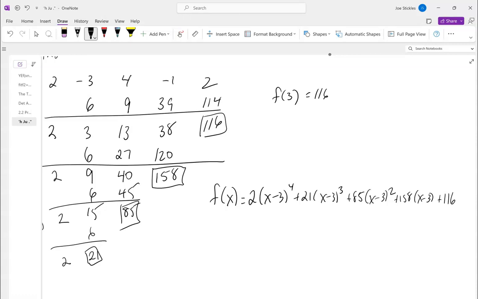That was our leading coefficient, a 2. Well, the only place that you can get an x to the 4th out of this simplification is if I multiply out x minus 3 to the 4th. So that one better be a 2, right? And then we get the rest of the coefficients going backward through our synthetic division process, or Horner's algorithm process.